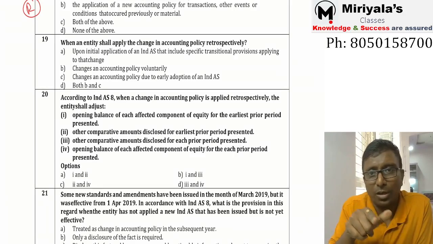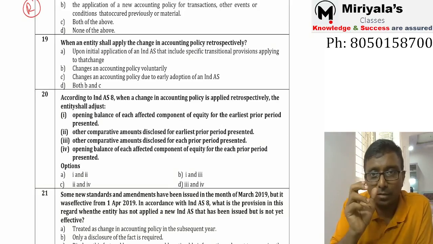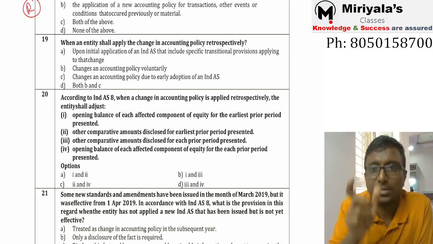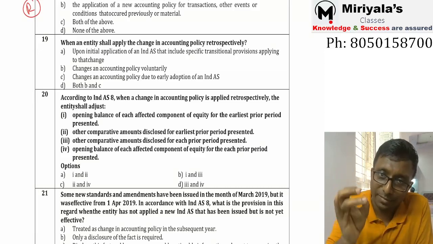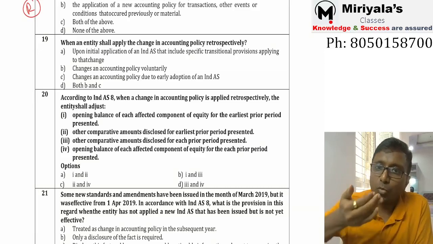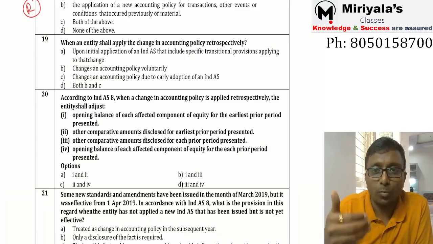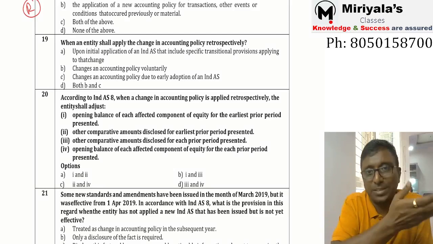When you want to follow early, you will be listening to the Ind AS. Whenever there is a change in the specific Ind AS, they will tell very clearly, if you adopt or early adopt, how you are supposed to go. Are you supposed to go retrospectively?